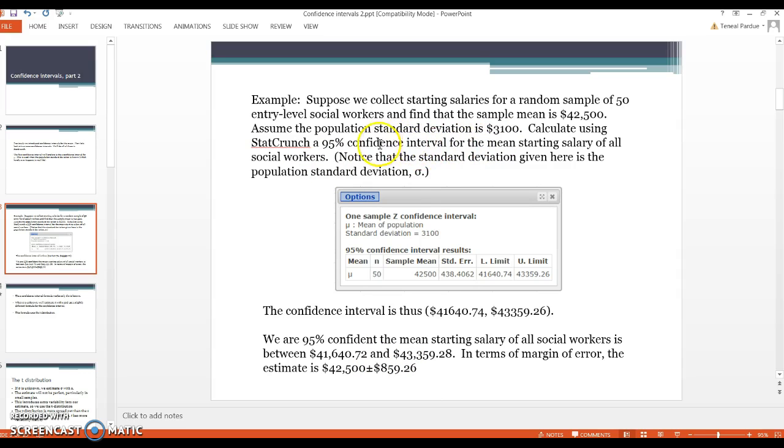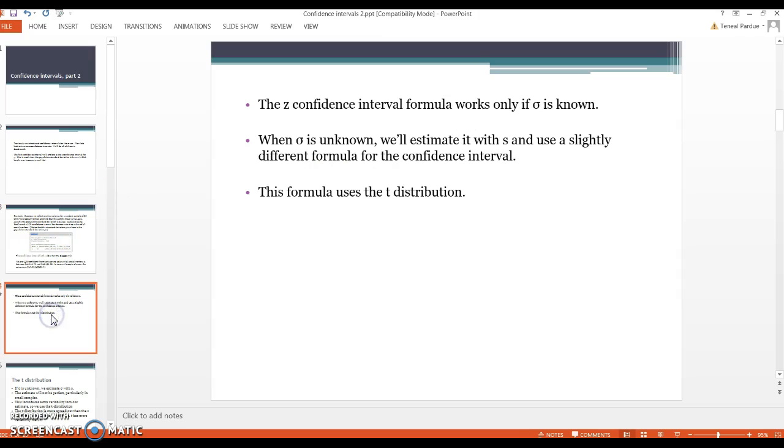So again, this problem is for the mean, and we know the standard deviation for the population because they say assume the population standard deviation. Okay? That's going to be an important distinction for us. Like I said, we use the Z confidence interval if we know the population standard deviation.